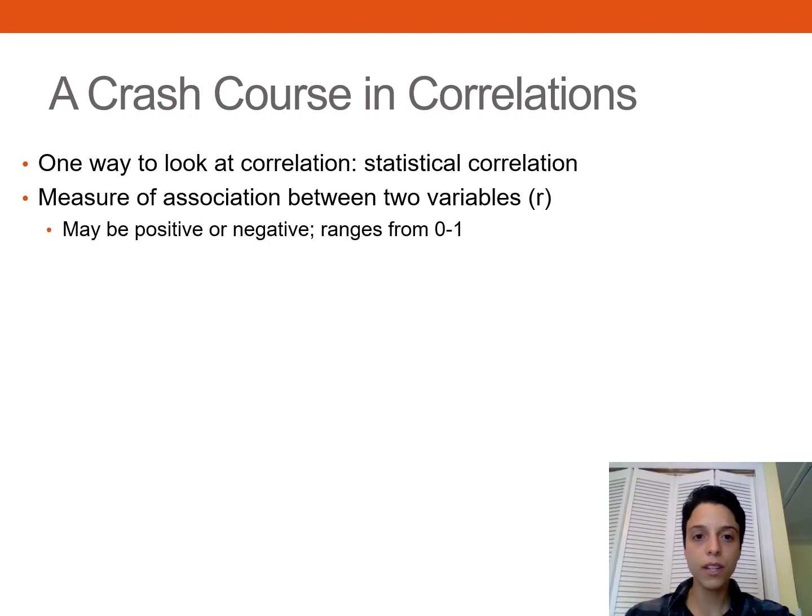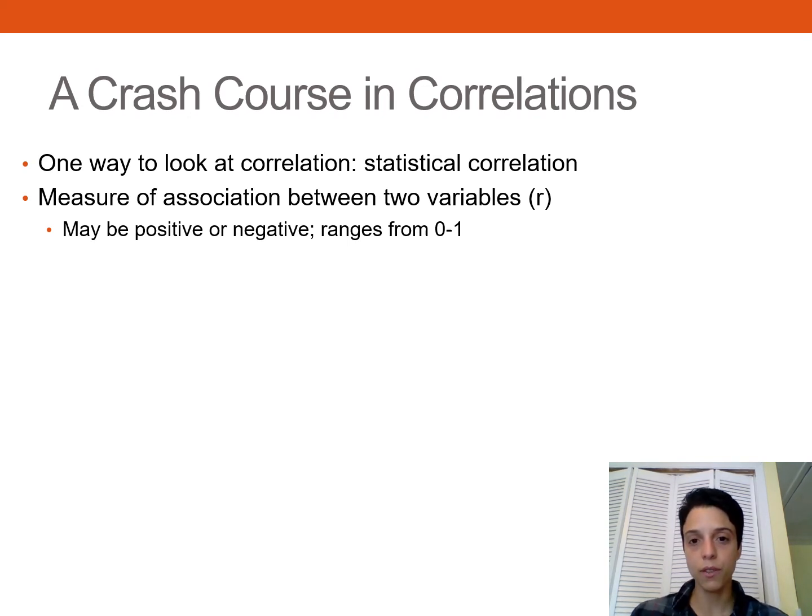So a correlation can be positive or negative, and it ranges from 0 to 1. The valence of the correlation, so whether it's positive or negative, describes the relationship between the two variables. With a positive correlation, you have one variable that increases and another variable that increases with it. If you have a negative correlation, your one variable increases and your other variable decreases at the same time.